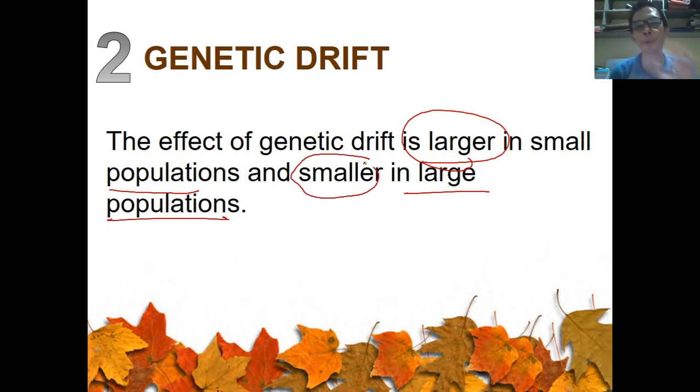Because in a larger population, there is a lot of variation of genes, and therefore a smaller effect of genetic drift. So when there is a bottleneck effect or a founder effect, in the larger population the effect of genetic drift is very, very small. Basically, that is the genetic drift.